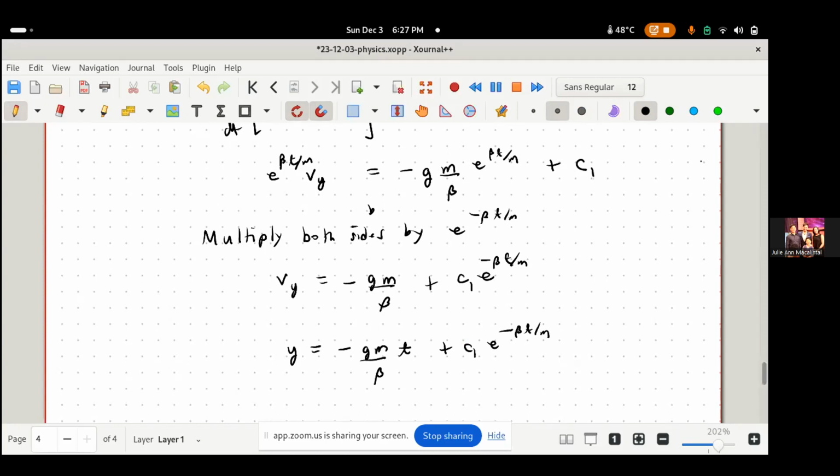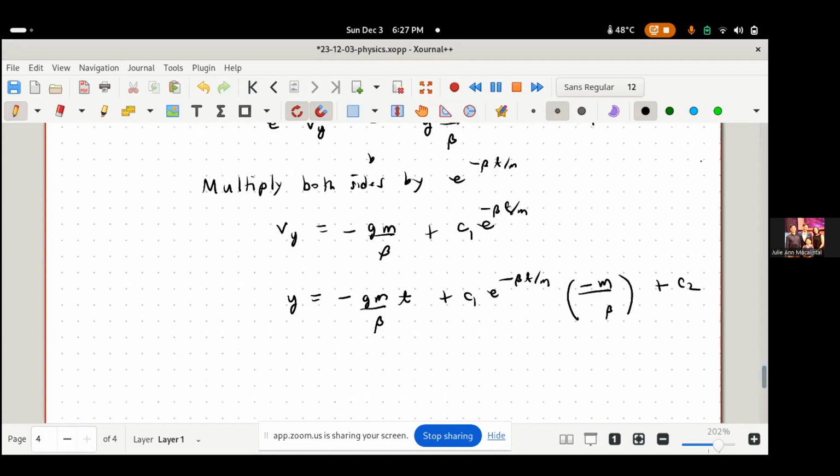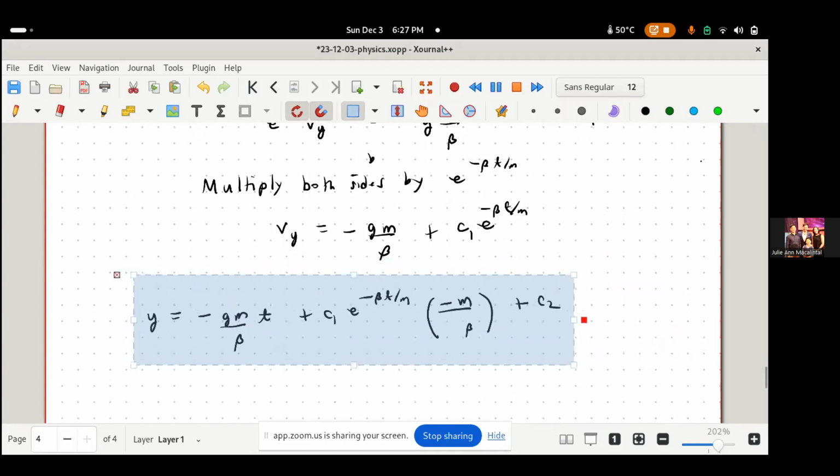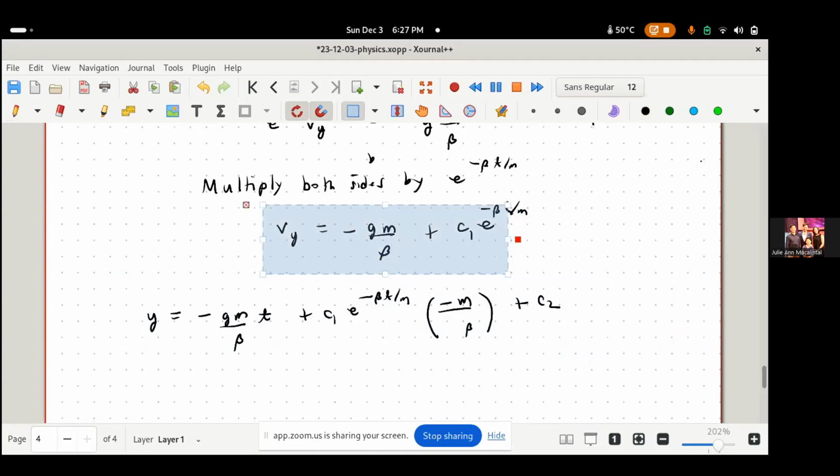And then dapat mag-pick up tayo ng factor na negative m over beta. So that pag differentiate babalik tayo dito. Plus another arbitrary constant C2. So dito, yung general solution ay ito.